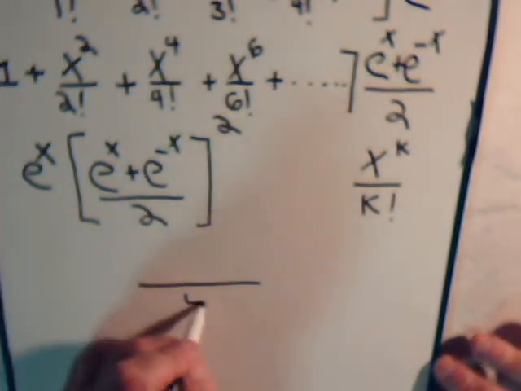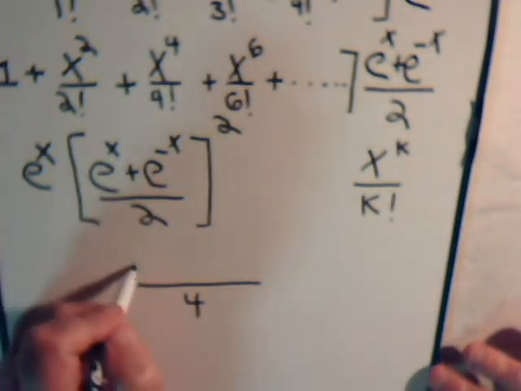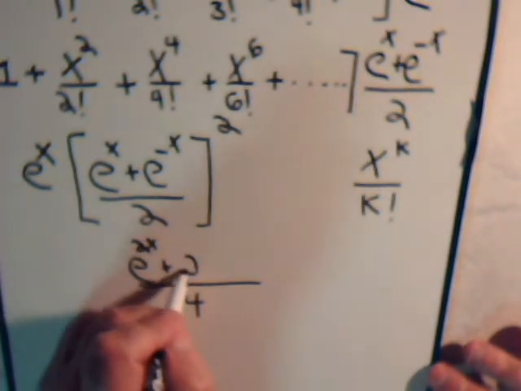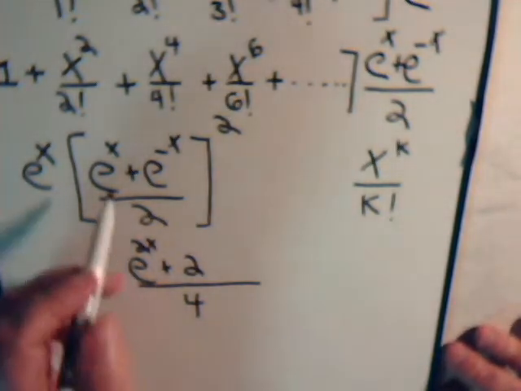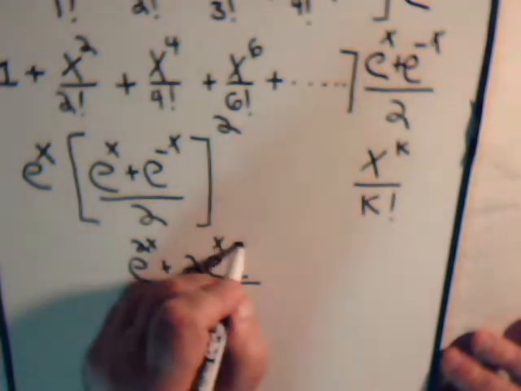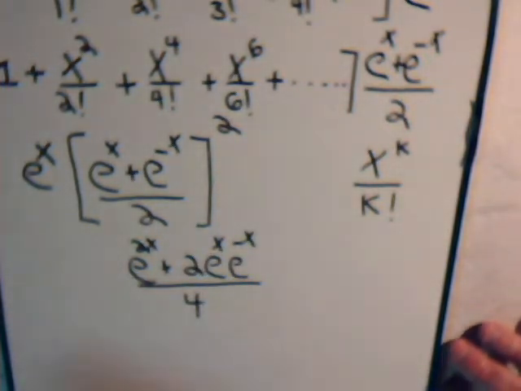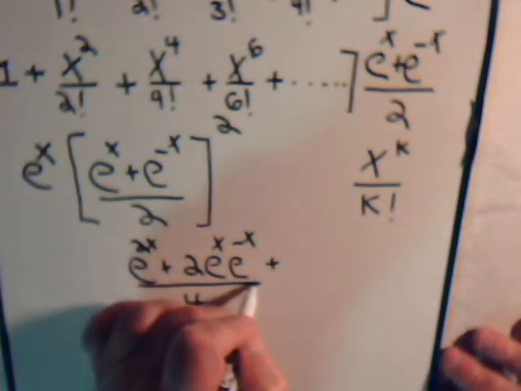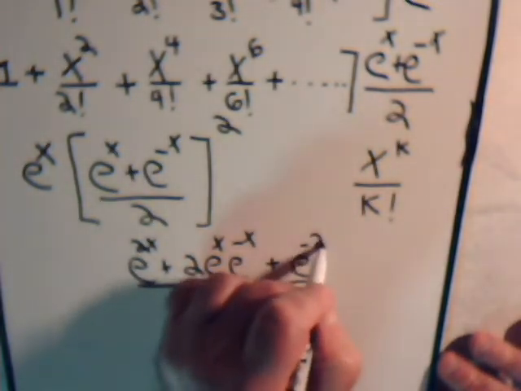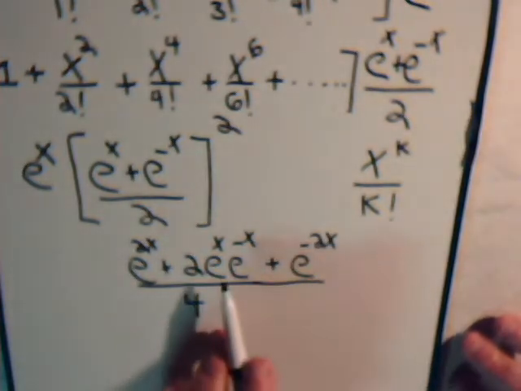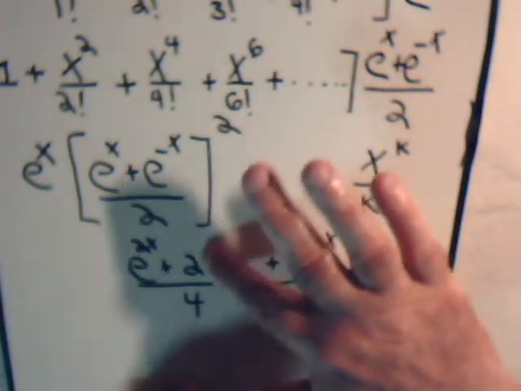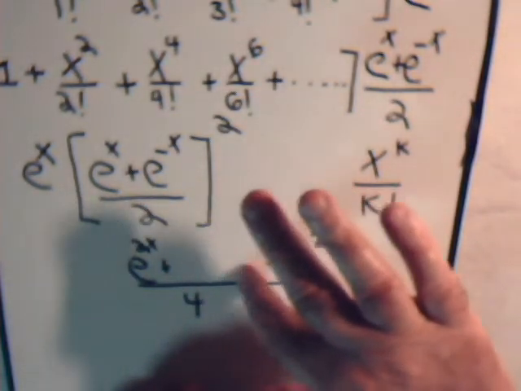We will have 1/4 of e to the 2x plus 2 times e to the x times e to the minus x plus e to the minus 2x. And this would be e to the 0 when we multiply these together, which is 1. So we can just write this as a 2 in here.